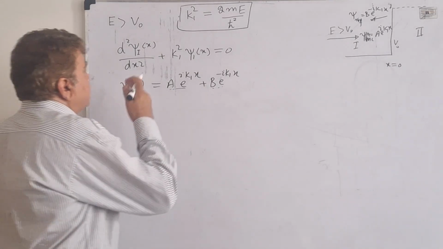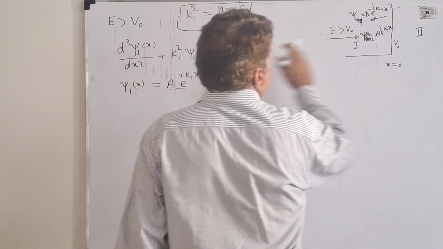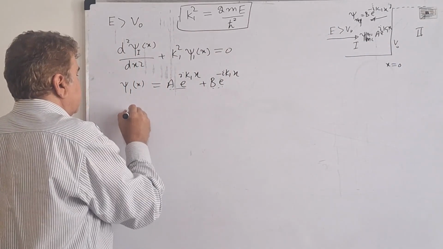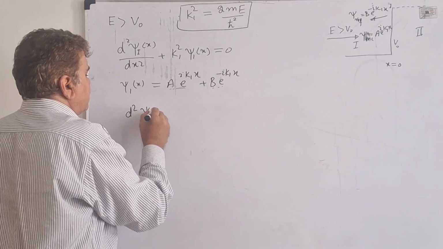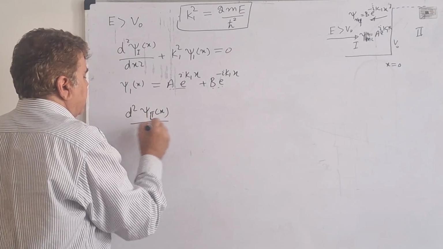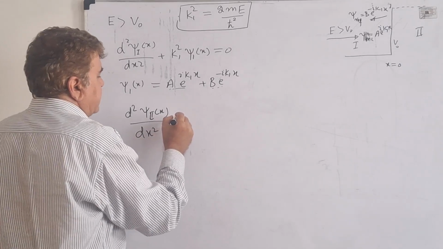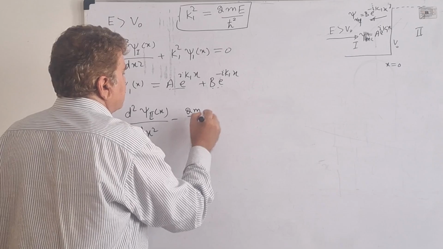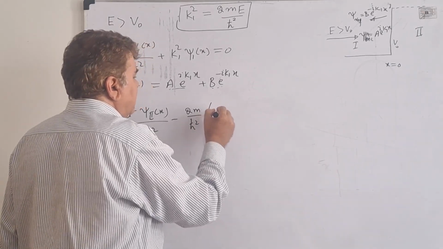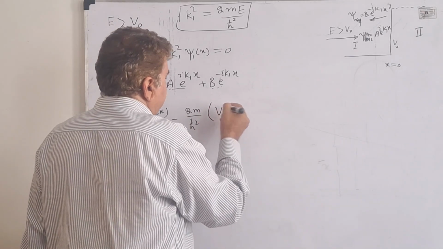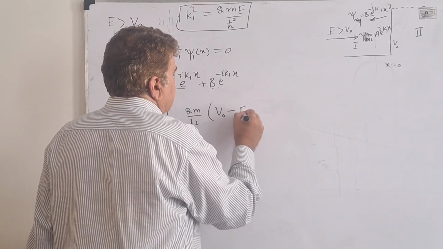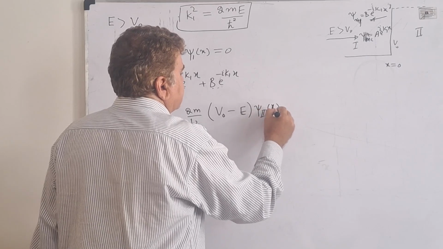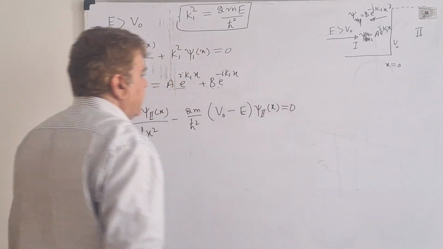Then for the time-independent Schrodinger wave equation in the second region, we wrote it like this: d squared psi2 of x divided by dx squared minus 2m divided by h bar squared into V naught minus E psi2 of x equals 0.